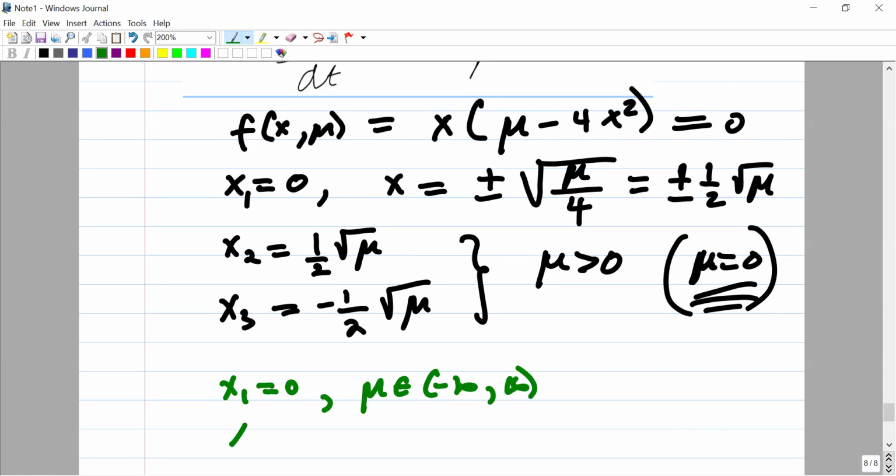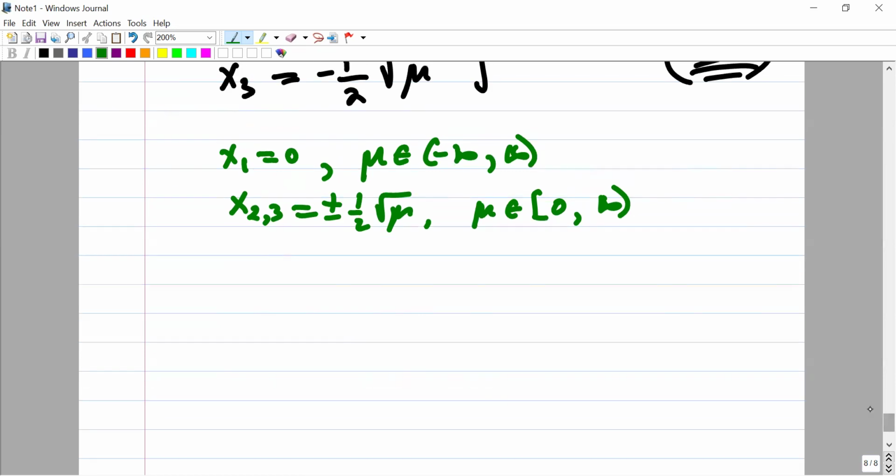But x2 and x3, that are equal to plus or minus half root of mu, only exist for mu between 0 and infinity. So even when we draw the bifurcation diagram, we need to take care of these different domains of existence of the 3.